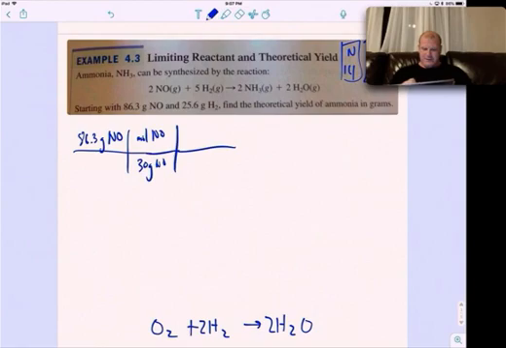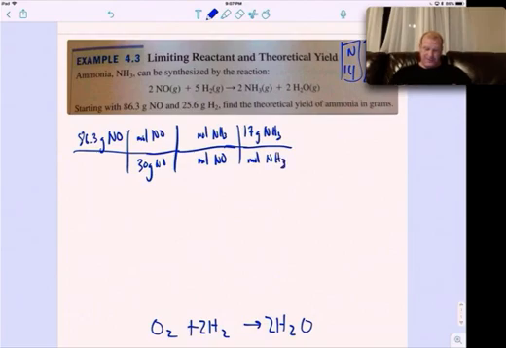And then we have 2 moles ammonia to 2 moles nitrogen monoxide. I would just say 1 to 1 and get rid of it that way, but if you want to keep 2 to 2 there, that's fine. And then 17 grams ammonia per mole ammonia.